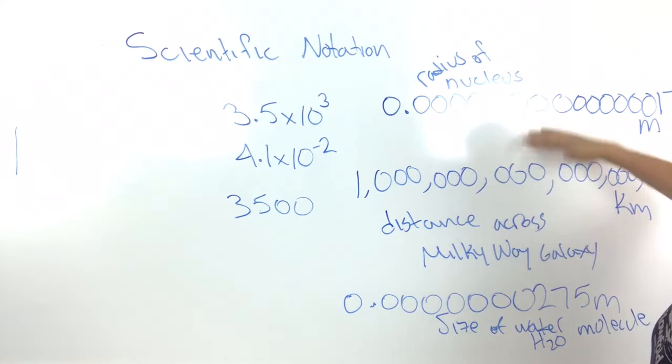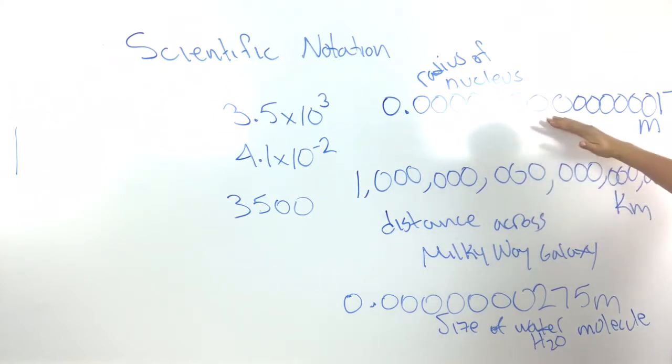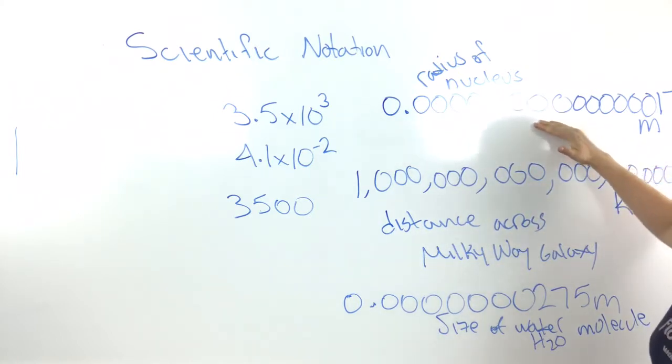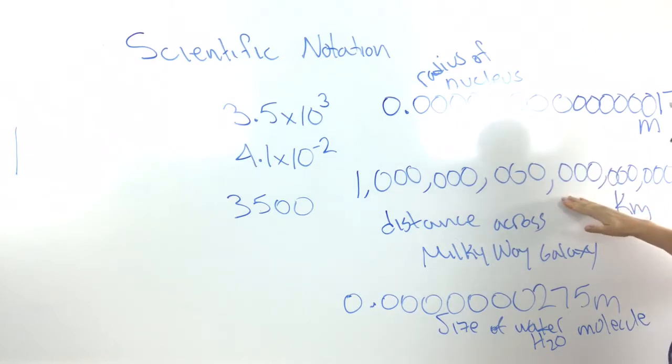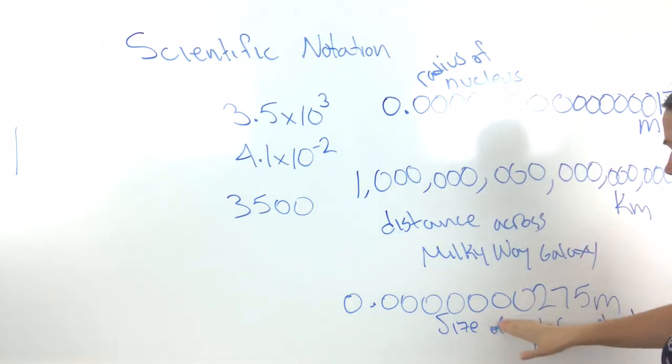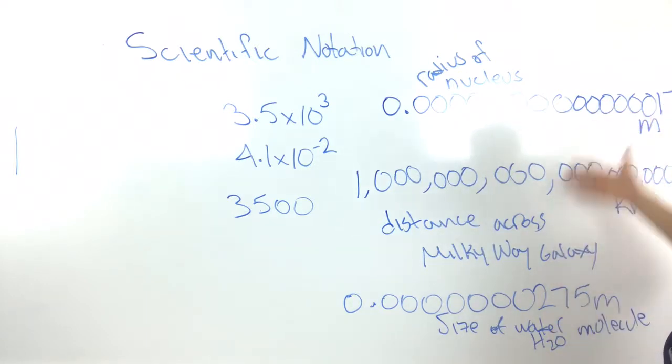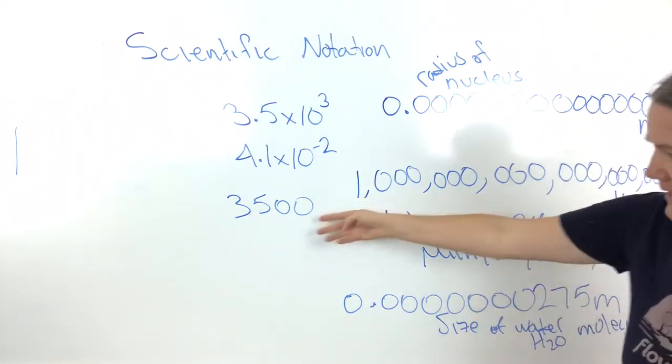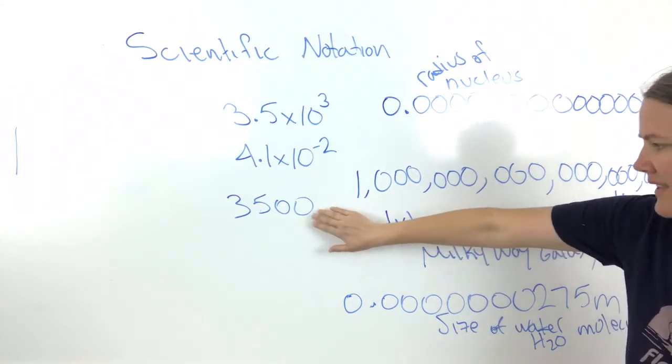So you can kind of see that when we have a really small number, or a really large number, and this is another example of a really small number, it becomes difficult to write these numbers in the notation that we're used to seeing, like this.